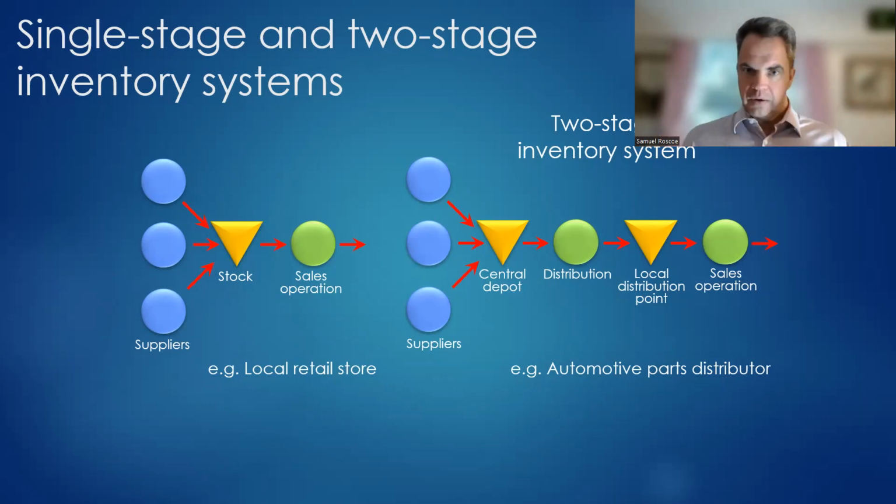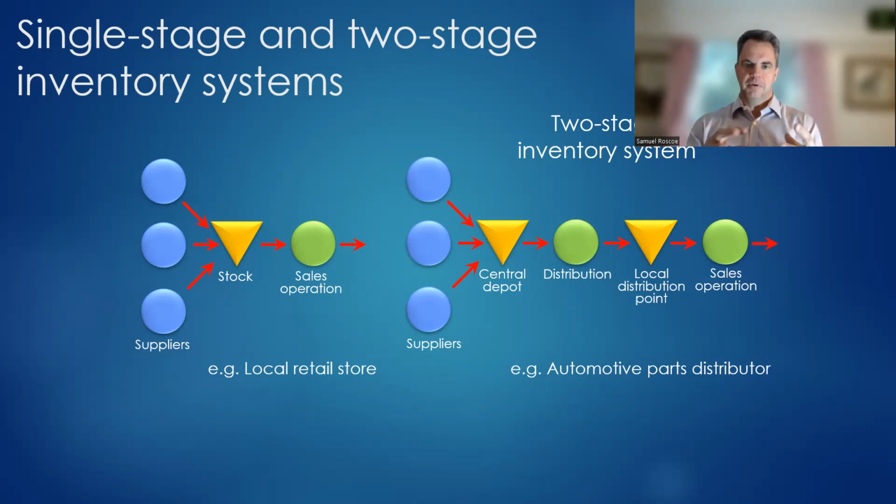Now, if I broaden that out and look at who the suppliers could be, let's say Safeway, or Marks and Spencer's if you're in the UK. Essentially what we then have is suppliers delivering into, let's say, a Safeway central depot.